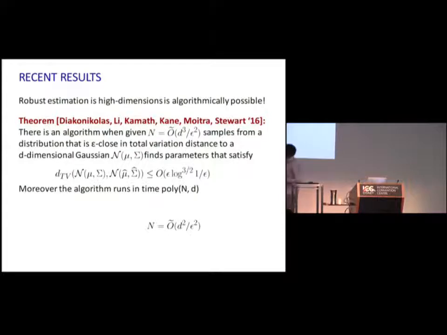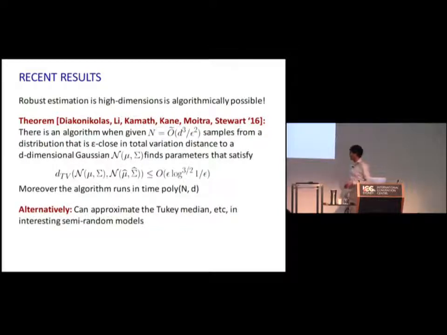If you're given samples from a d-dimensional Gaussian with unknown mean mu and unknown covariance sigma, and the samples are epsilon-close in total variation distance to a Gaussian, so an adversary has corrupted an epsilon fraction of them arbitrarily, there's a polynomial time algorithm for outputting estimates mu hat and sigma hat which are within epsilon times polylog 1 over epsilon in total variation distance. That means there are no more d's here, so you really can tolerate some universal constant factor of robustness independent of the dimension.